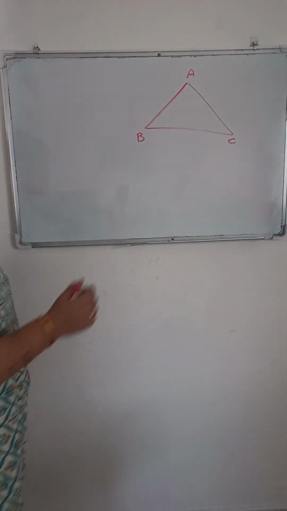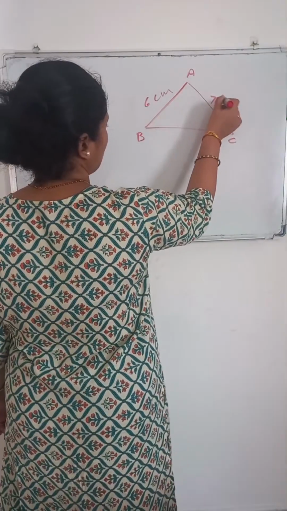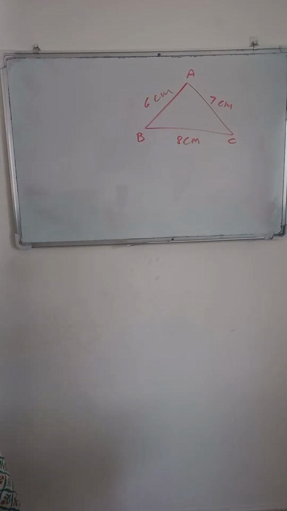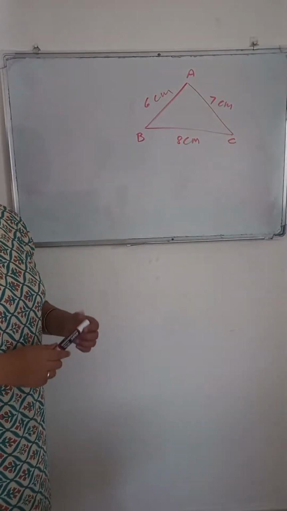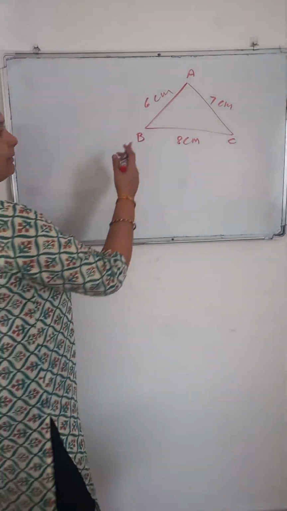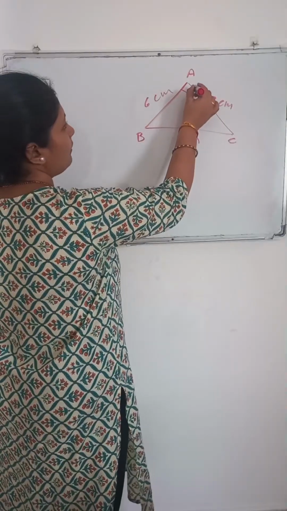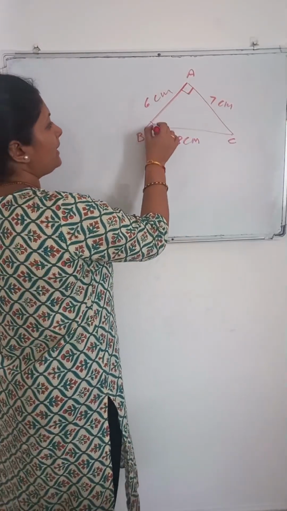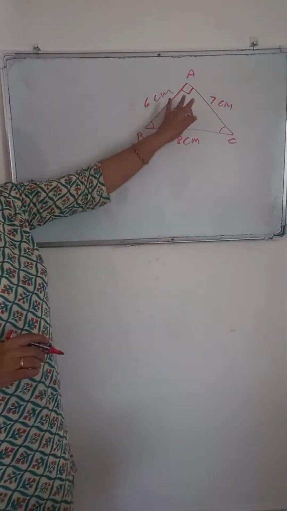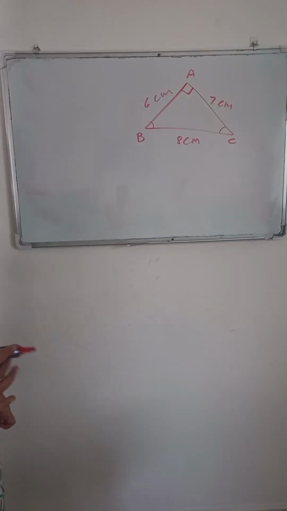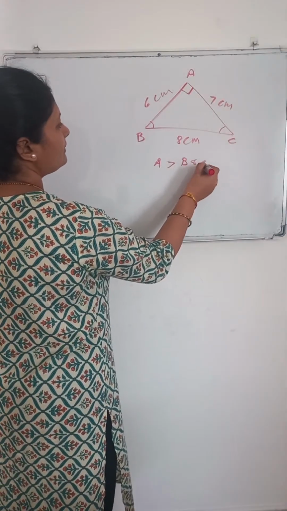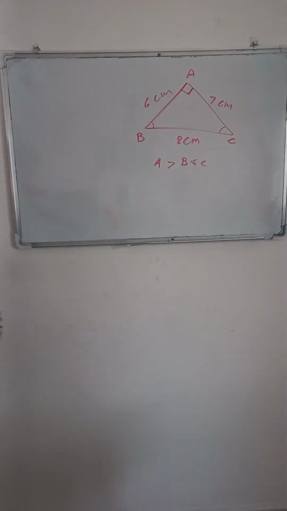ABC, this is 6 centimeter, this is 7 centimeter, and this is 8 centimeter. If you observe, this is a Pythagorean triplet, and this is the longest side. Always remember, the angle opposite the longest side is 90, and the remaining two are acute angles, less than 90. In options they are asking which angle is greater. So here angle A is greater than B and C.